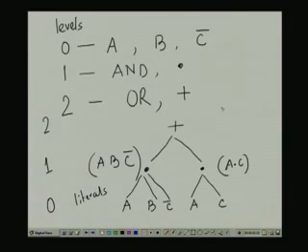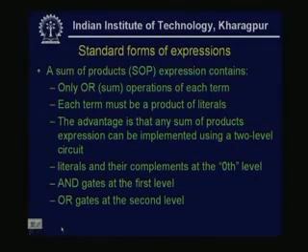The second level becomes A B C bar plus A C. So, this is my function f equal to A B C bar plus A C. This is the advantage: always we can represent in this way, and if we represent in sum of product form, then it can always be realized by 2 level AND OR logic.